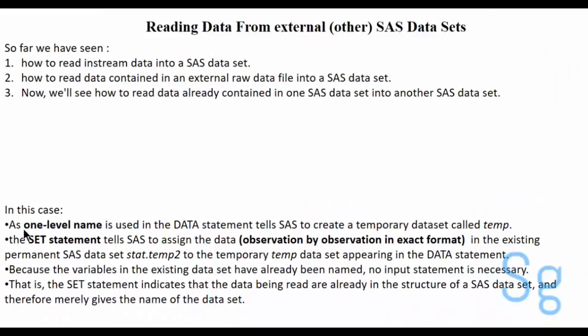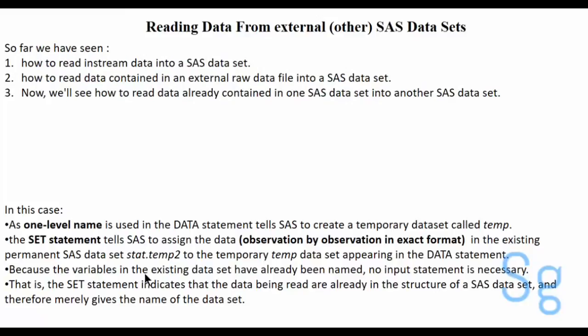In this case, as a one-level name is used in the data statement, that tells SAS to create a temporary dataset called temp. The set statement tells SAS to assign the data, observation by observation in exact format, in the existing permanent SAS dataset stat.temp2 to the temporary dataset appearing in the data statement.